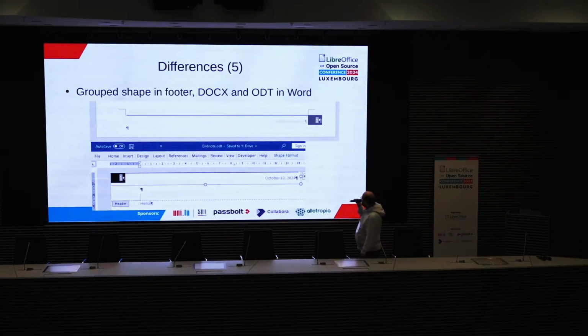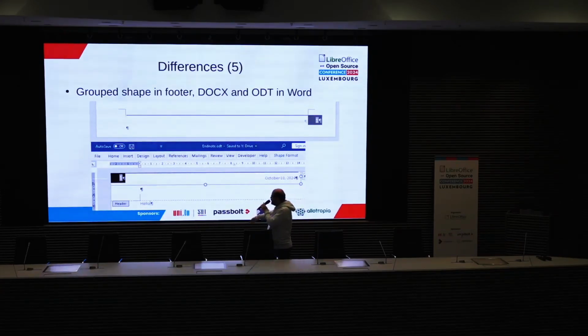I just chose something that looked very complicated, and I put it in the footer of the document. And after saving it in ODT file and reopening in Word, I see it's in the header. No, it's not really in the header, it's at the place where the header is. It's still anchored in the footer, but it's at the top of the page.